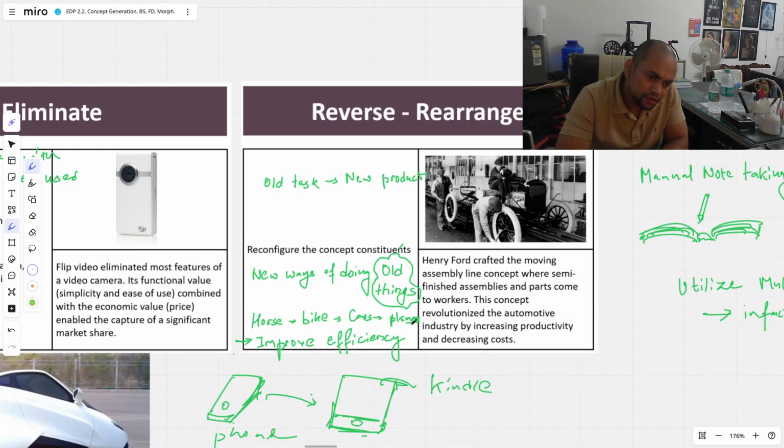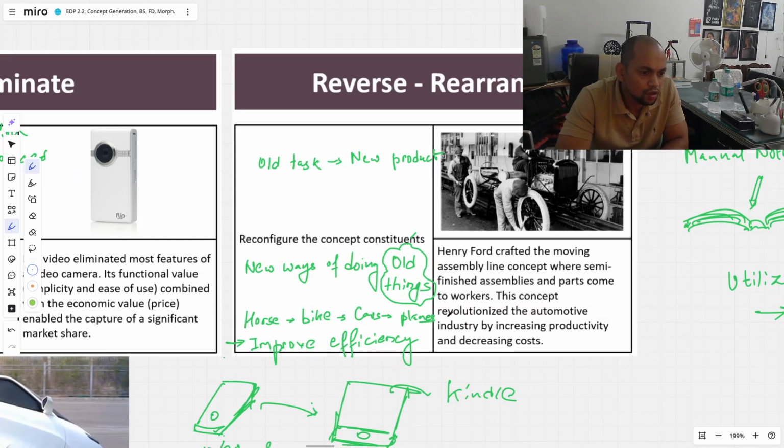So if you reimagine the transportation system we have been using, we used to use horses, then we switched to early-stage bikes or cycles, then we came to cars and planes, and now these days we have flying cars.